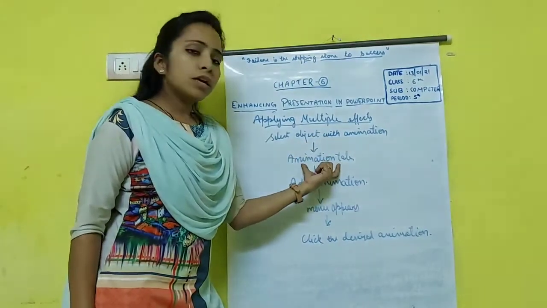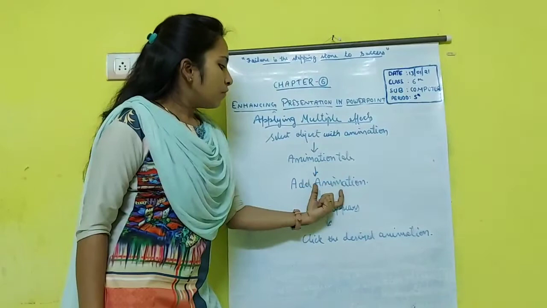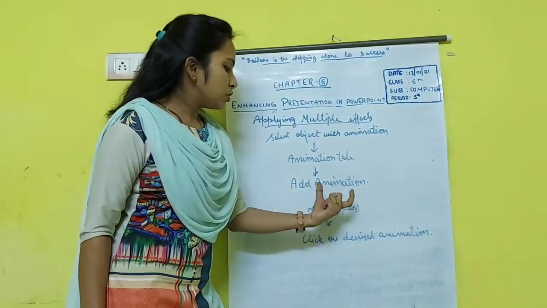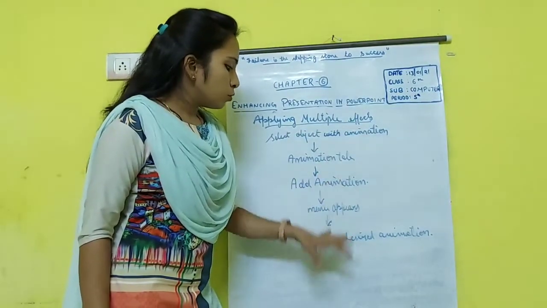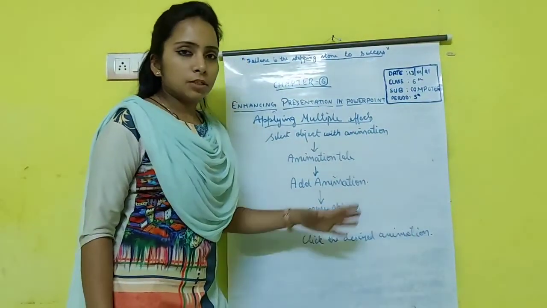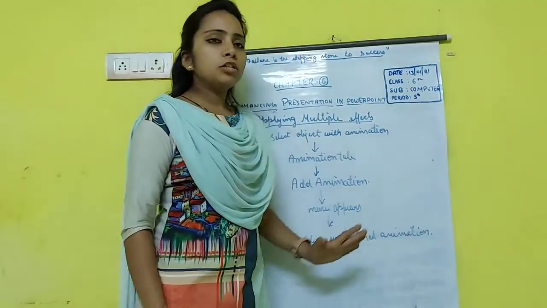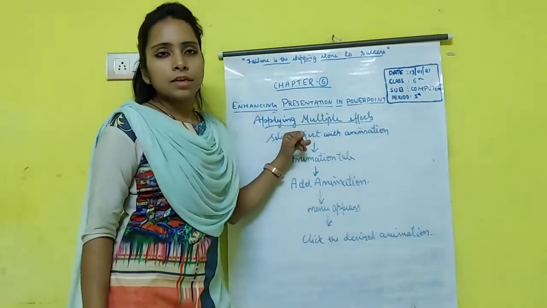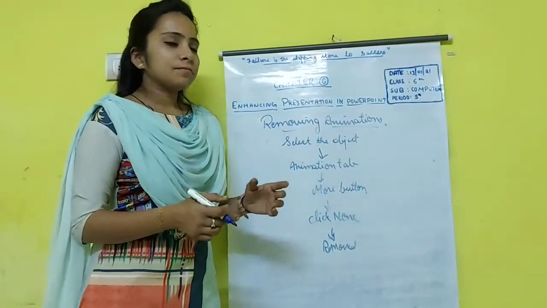Then we will go to the animation tab. Then in the animation tab we will find the add animation option. In that add animation option a menu will appear. That menu will show you many types of animations, and among those you select your desired animation, and that animation will also be added to this object. Clear? So this is about applying multiple effects.